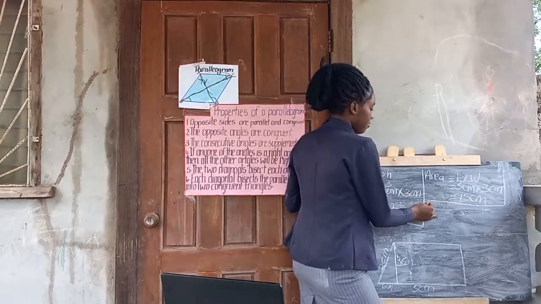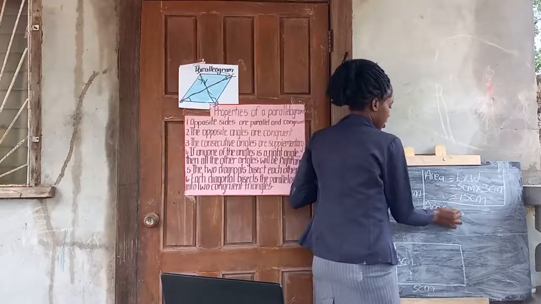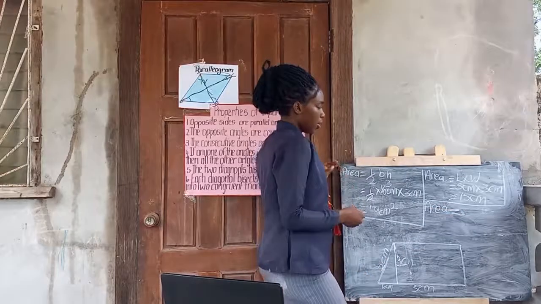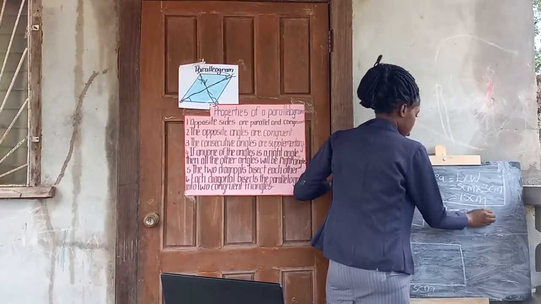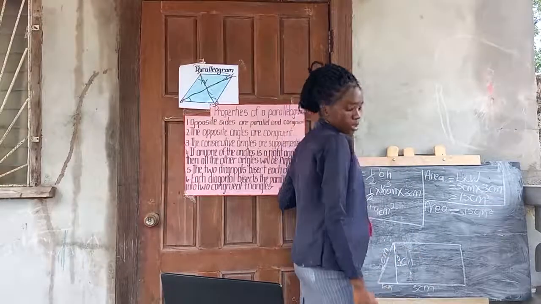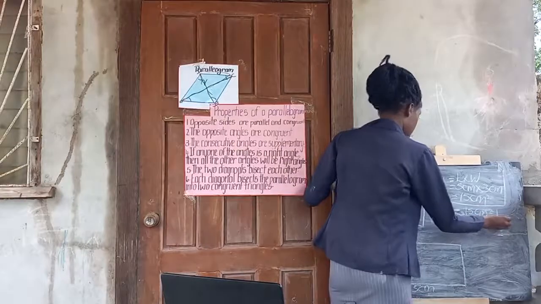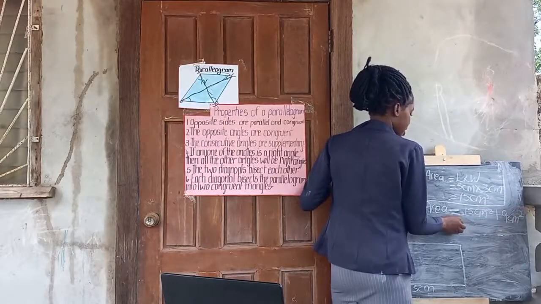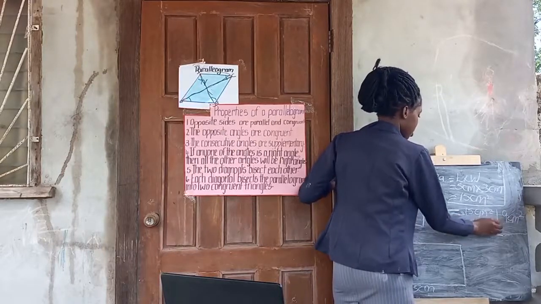So the area of the composite shape is going to equal to what, Shana? 15 centimeters square plus 9 centimeters square. And how much are we going to get? 24 centimeters square.